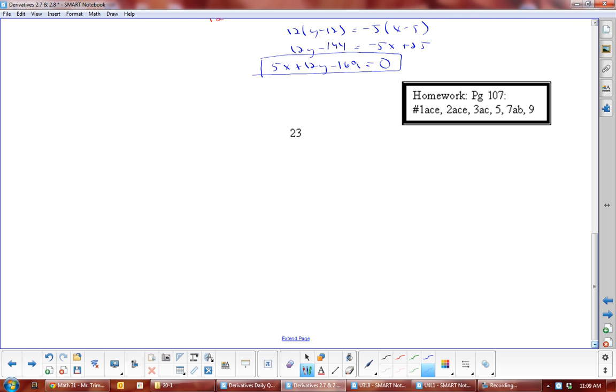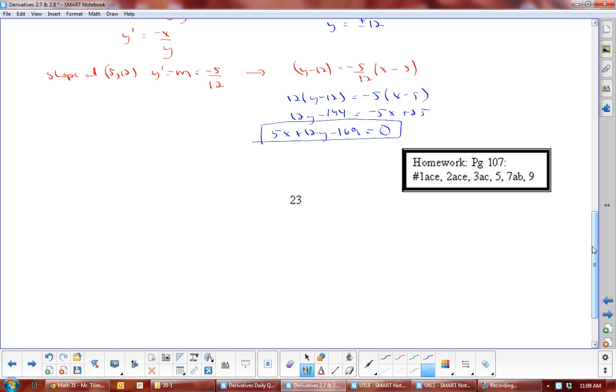To do the last one, we're going to find the slope of the other tangent at 5, negative 12. So y prime equals m would be negative 5 over negative 12, which is just 5 over 12.